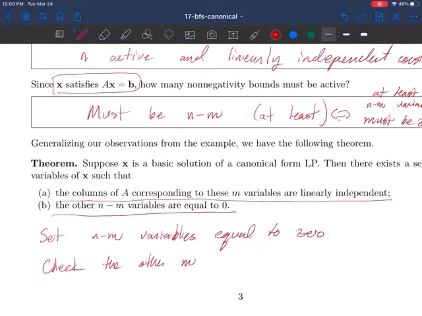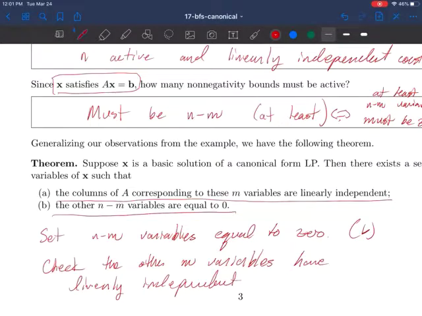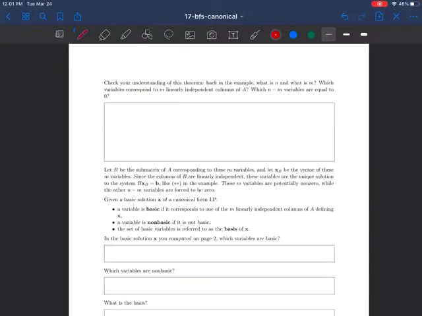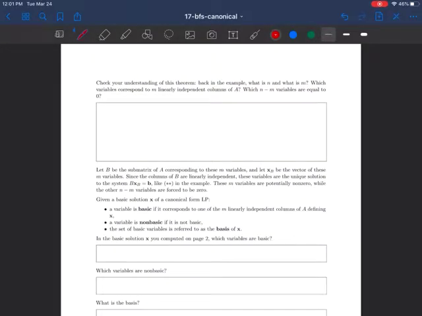Check the other m variables, that's part B, have linearly independent columns in A. And that's really A, little a in the parentheses.